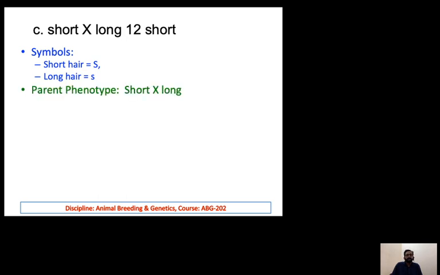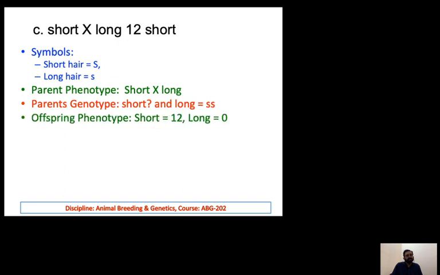Parents phenotypes, short and long, they are crossed. Then the parents genotype, we know that at least one of them must be short, and what should be the genotype for that? Because for the long, we know it is always small s.